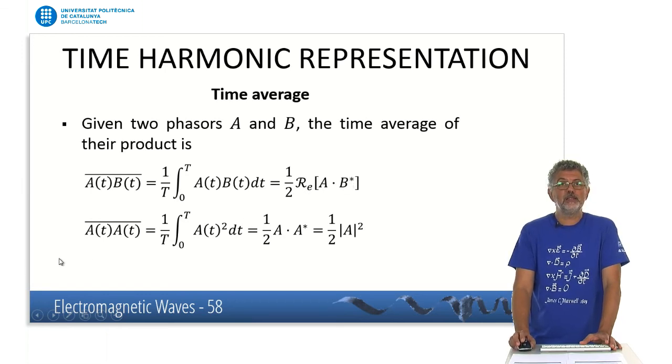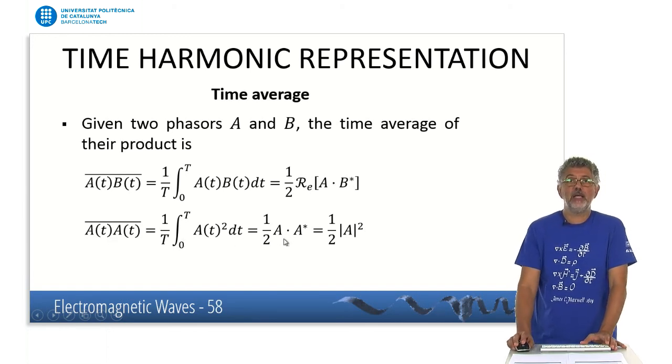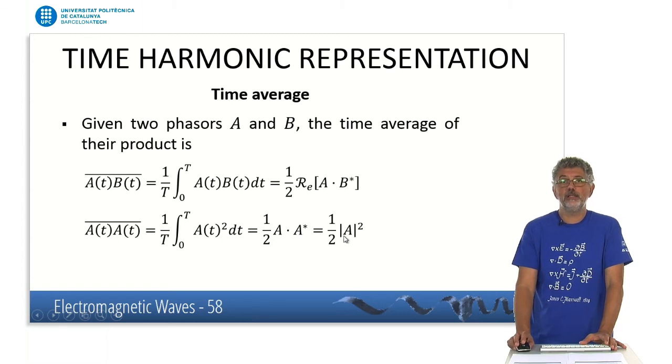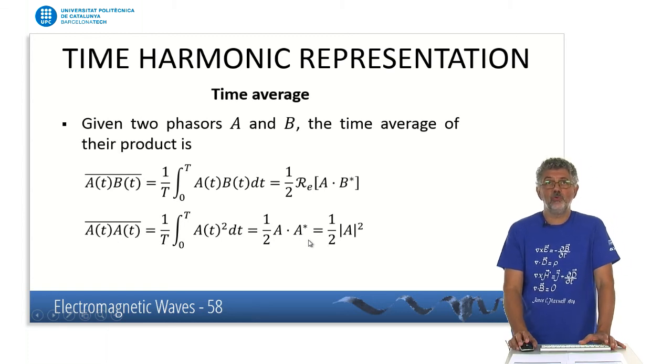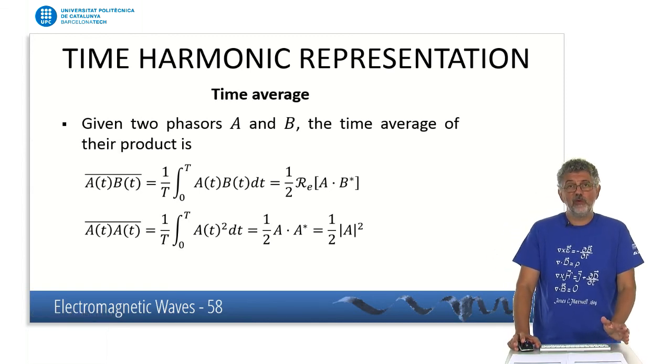In the case that the two phasors are the same, the time average is A times A complex conjugate, and this is one half of the magnitude squared of A. These concepts will be important when we have considerations about power and energy using phasors, that is, using the time harmonic representation.